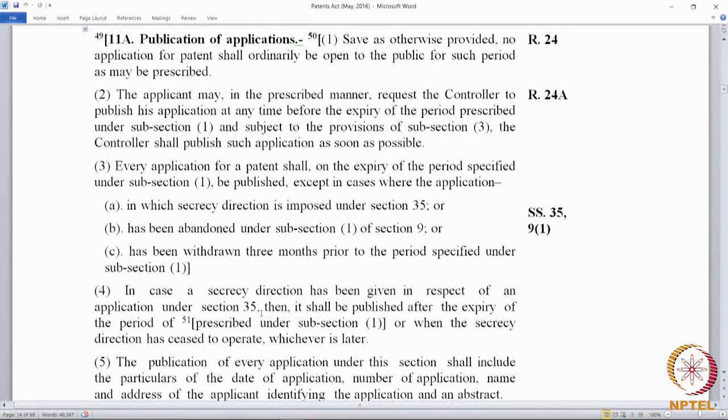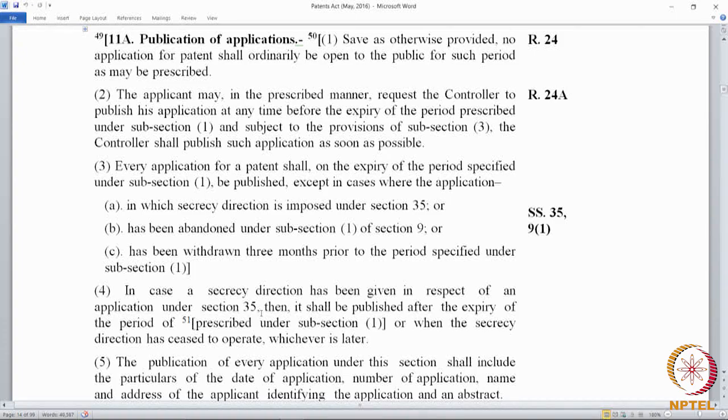We will see when we discuss section 35 that there are certain things that you cannot do pertaining to a patent application when a secrecy direction is in operation. You cannot publish the application, you cannot disseminate information relating to the application. That is the reason we call it a secrecy direction. The direction is given to keep the matters contained in the application a secret.